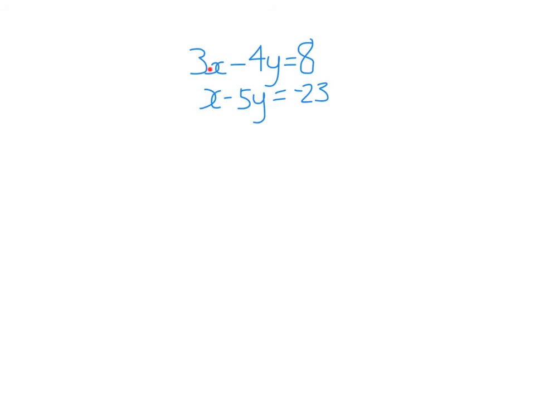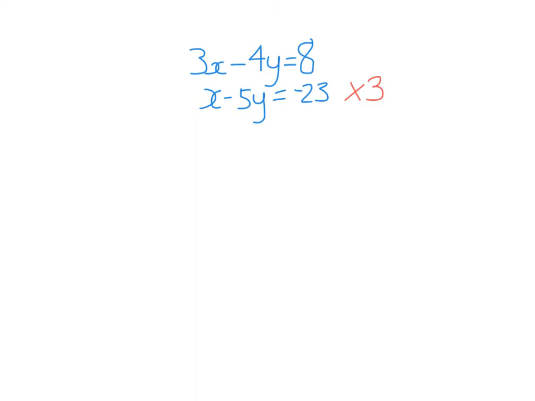But this is a problem. Neither x nor y has the same number in front of it in both equations. When that happens, you need to multiply one or both equations. So I'm going to multiply this bottom equation by 3. That will make the x have a 3 in front of it, and then the x's will have the same coefficient.